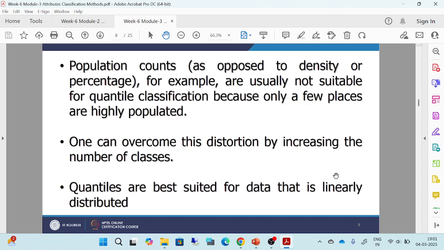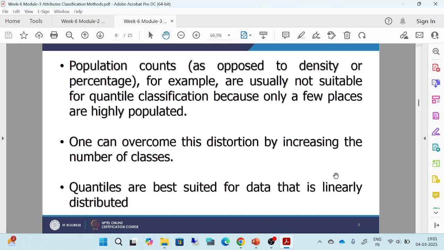It's not uniform, right? So if you're having a surface which is representing the population counts, and that is already having some concentration of population or high density of population, then this will not be very useful, because this is making it uniform across different classes. According to quantile classification, each of the classes will have the same number of pixels or cells.